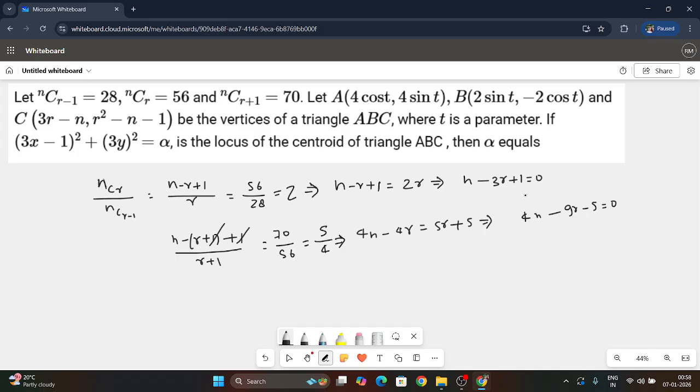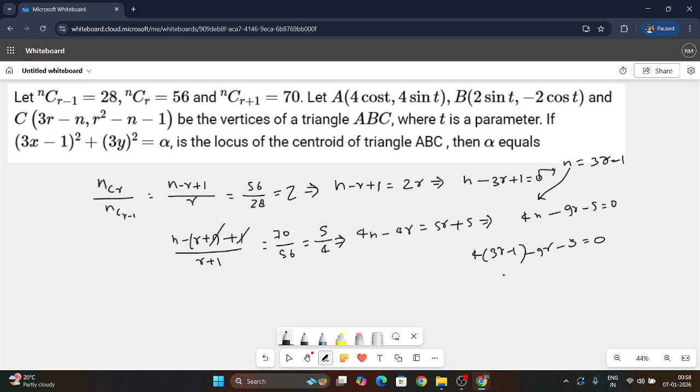Now take the help of these two equations, solve them and find the value of n and r. Basically n is equal to 3r minus 1. Put the value of n here, and you will get 4 times (3r minus 1) minus 9r minus 5 equal to 0.